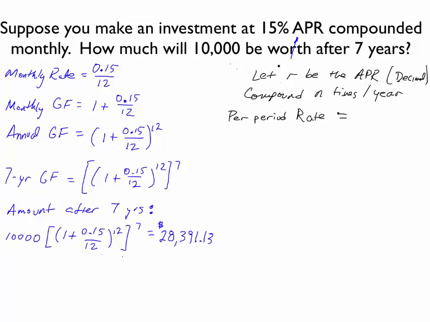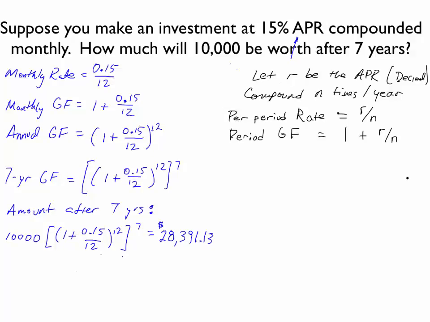The per period rate will be R over n. That's what this is doing right here. But now we're just generically any rate and any number of compoundings per year. And then the next thing we need is the period growth factor. So if the period rate is R over n, then the period growth factor is 1 plus R over n.